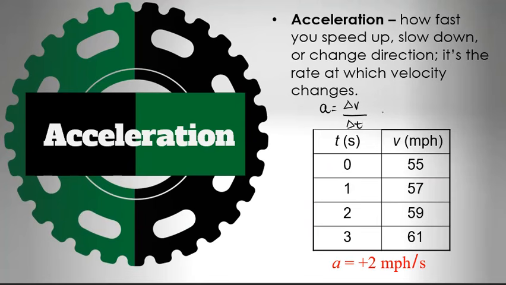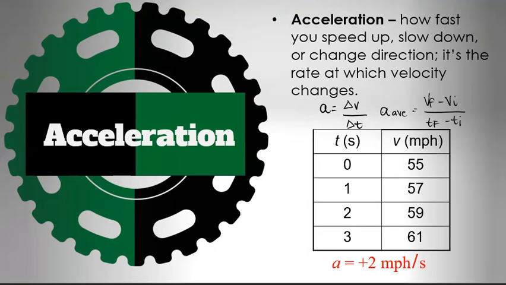Okay? So, when we're getting the average acceleration, acceleration average is equal to VF minus VI, or initial velocity, over TF minus initial time.